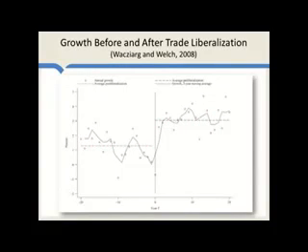Also notice, by the way, that liberalization is often preceded by a number of bad years. So crisis is often what it takes to generate reform, but when you do get reform, you get a big increase in growth rates. That's really quite a stunning increase, a 1.5 percentage point increase in growth rates after major increases in liberalization is a really important change.